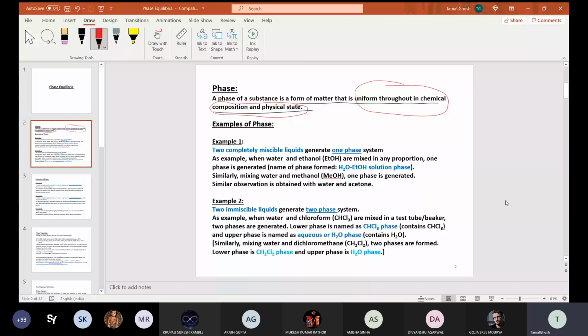The first example we can consider is two completely miscible liquids. Let's go to the whiteboard. Is the whiteboard visible? Yes, sir.